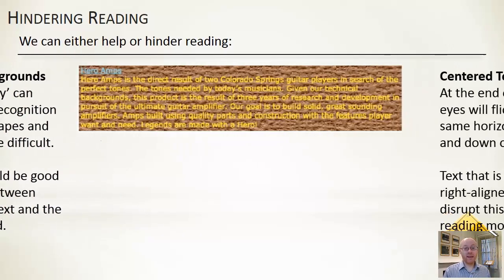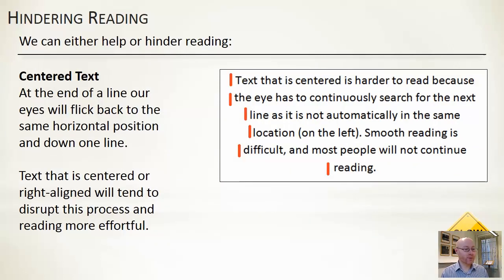How we lay out and align the text also comes into this. Generally when we're reading something, certainly in Western countries, we read from left to right and then jump back. We are used to reading left to right, getting to the end, and our eyes automatically flick back to more or less where they started and a little bit down.